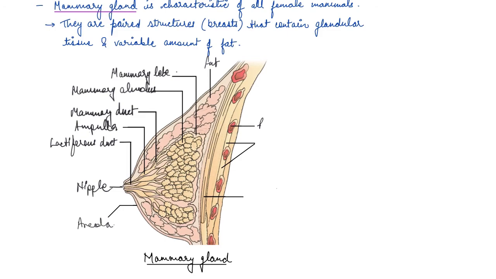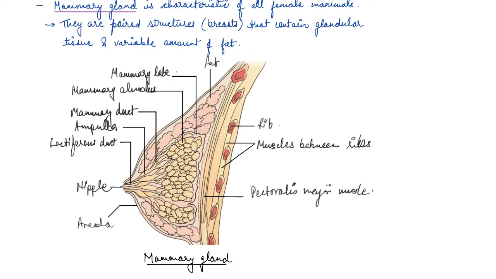Then behind you have the ribs, with various muscles between the ribs, and this is a major muscle, the pectoralis major muscle. So basically the entire structure of the mammary gland is supported by muscles and ribs, right? So this is the exact structure of a mammary gland.